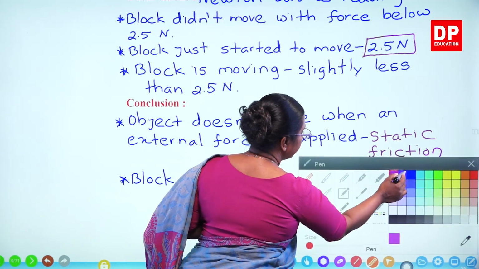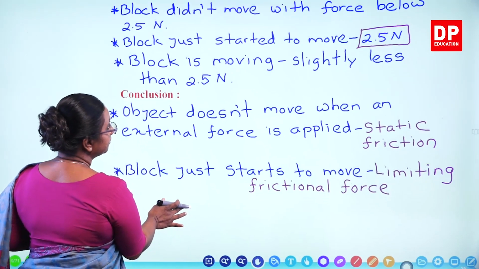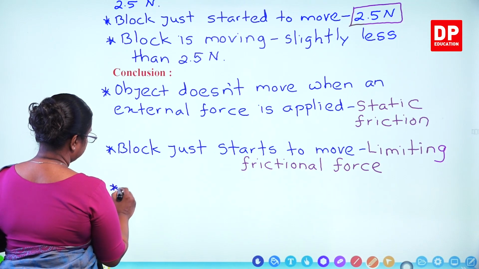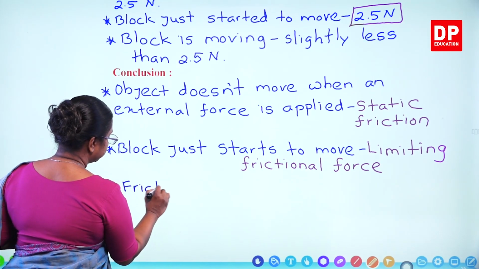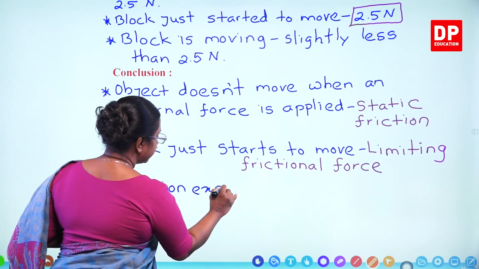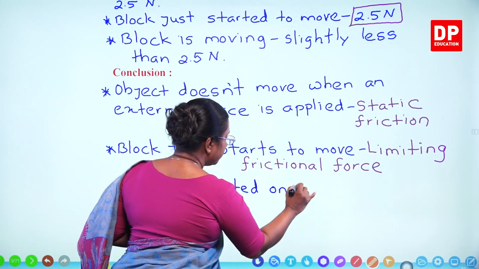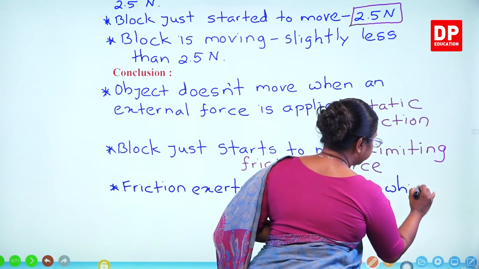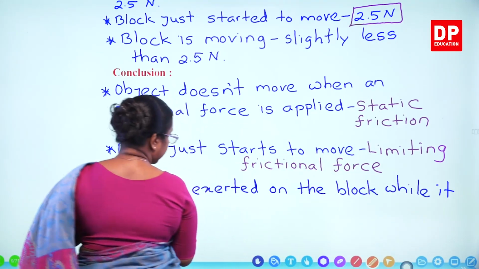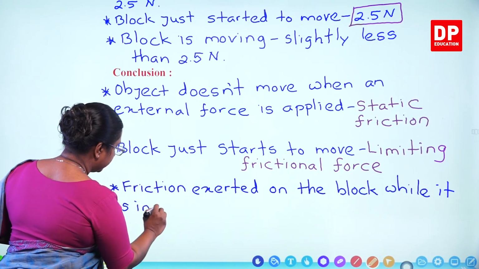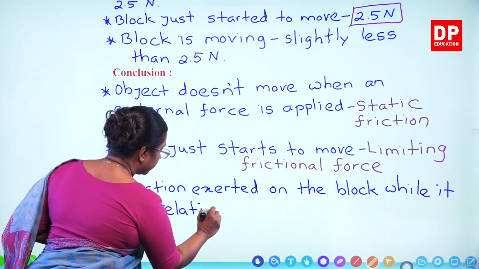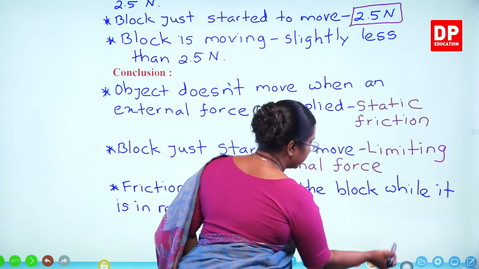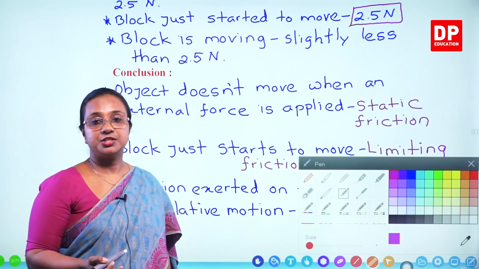So the third instance: friction exerted on the block while it is in relative motion is known as the dynamic frictional force.